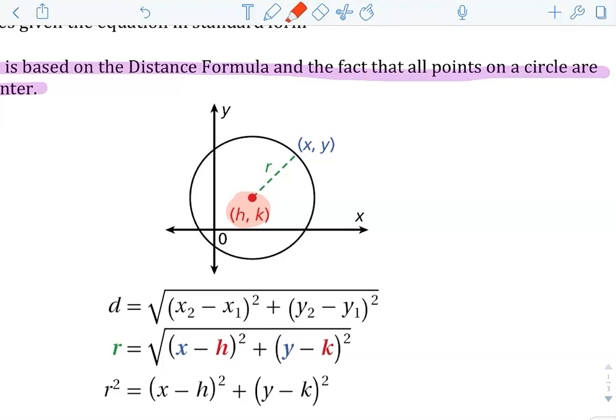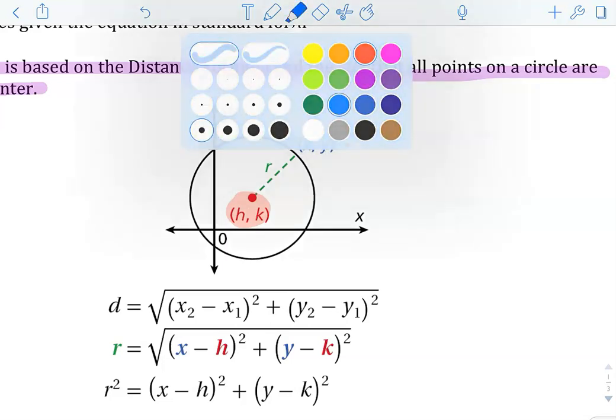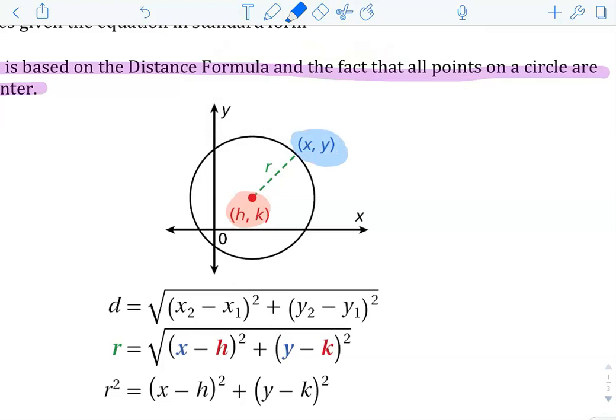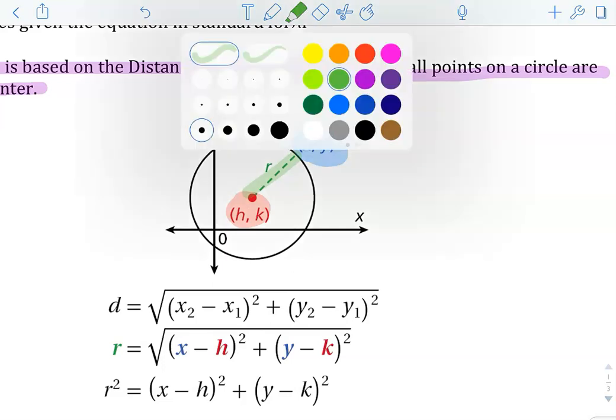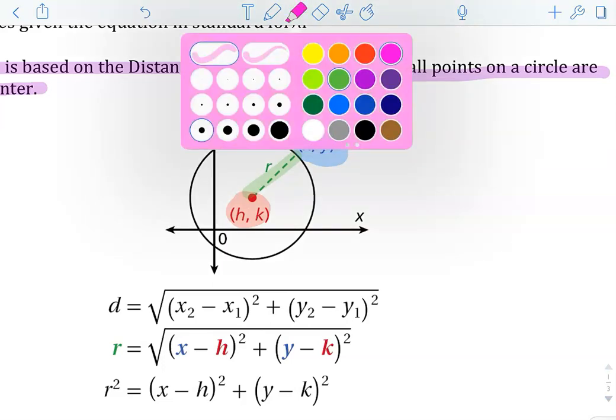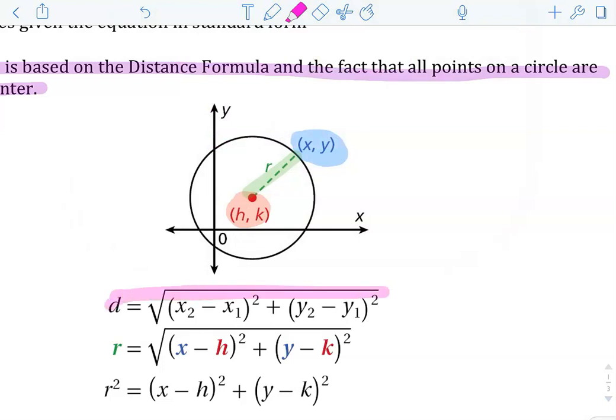Okay, then they have a point labeled on the outside of the circle as X and Y, and the distance between them is R. And like the sentence said above, we know that distance is the same no matter what point you pick on the outside of the circle. So because of that, we can think about our distance formula, which is right here.